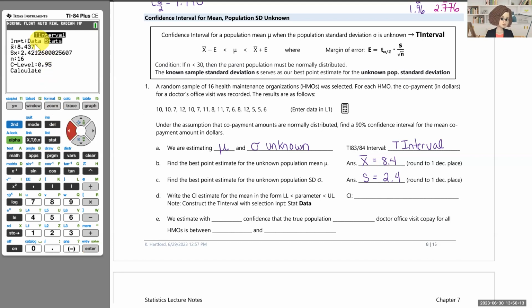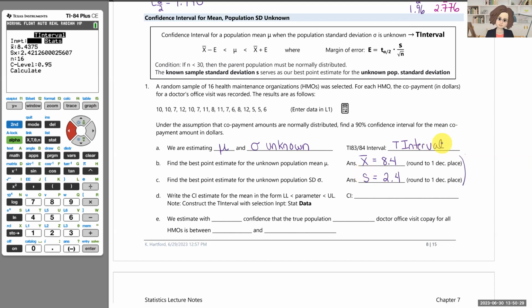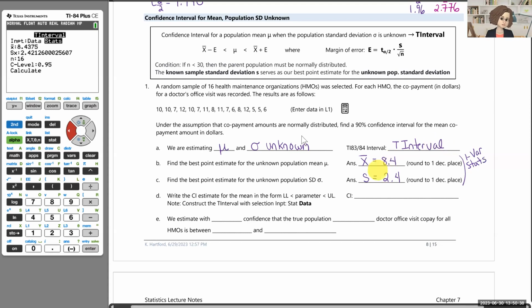Now I'm going to make a note here, though, before I hit data, you'll see that the calculator automatically put in my x bar and my s in those positions, but that's only because I ran one var stats first. So I'm just writing over here that in general, if you're making the confidence interval, you wouldn't have to do one var stats first. So the calculator wouldn't be aware of those values.